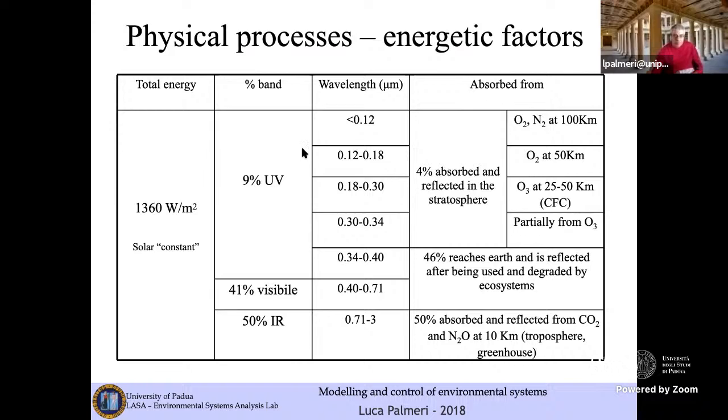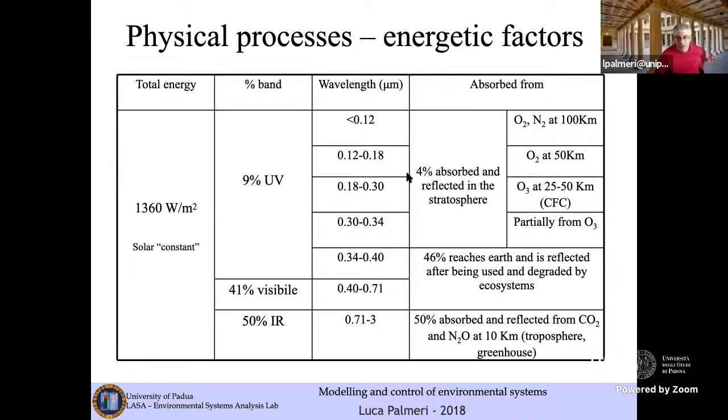In particular, 9% of the band of the solar radiation is ultraviolet radiation. So a very small part, less than 10%, is ultraviolet. And this ultraviolet may be subdivided in terms of wavelength, less than 0.12 micrometers and in the range 0.34 micrometers to 0.40 micrometers. Of these, we may describe all the different phases.